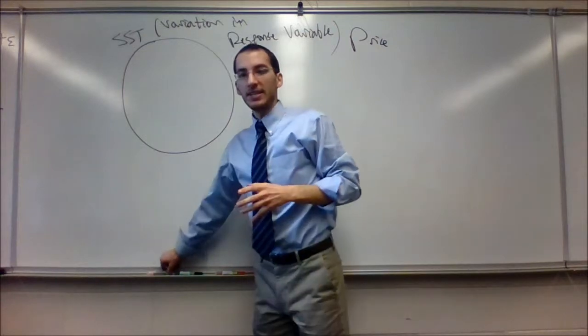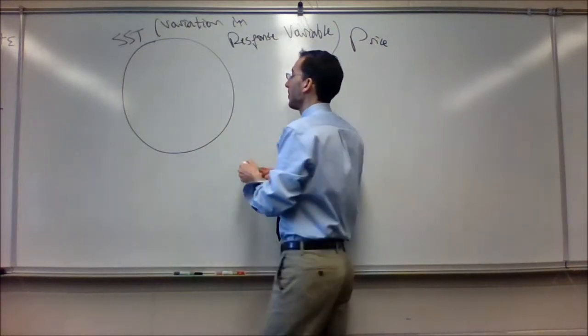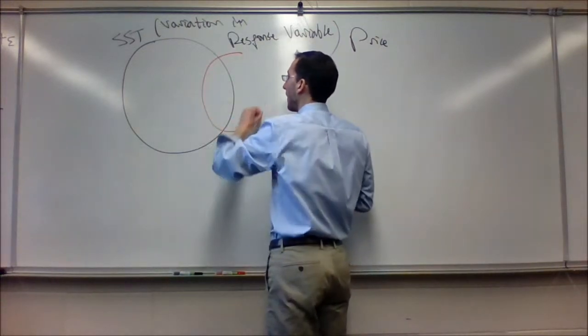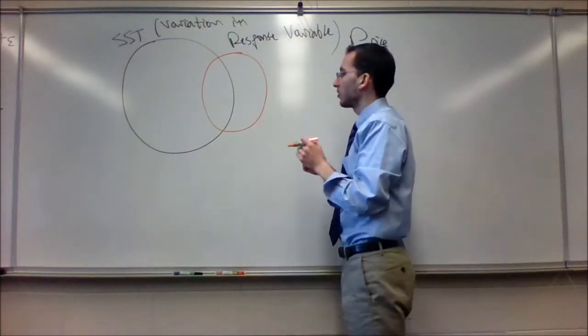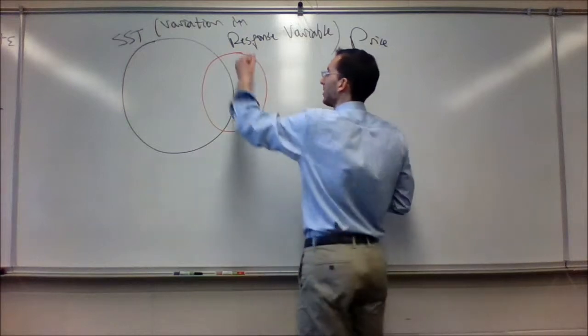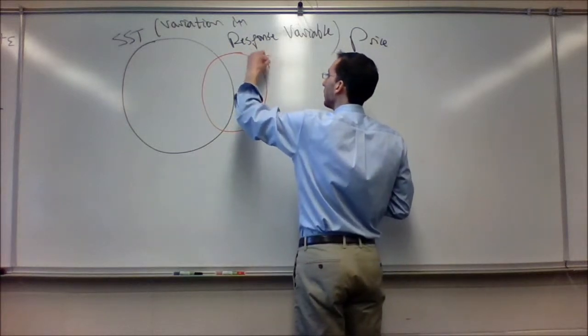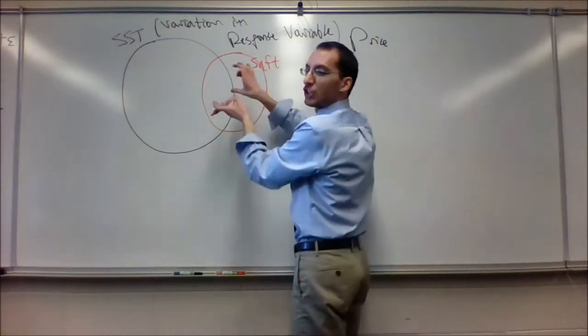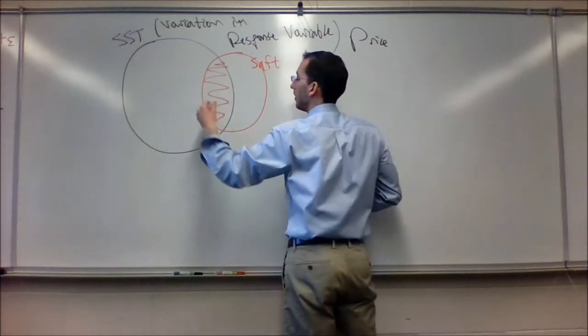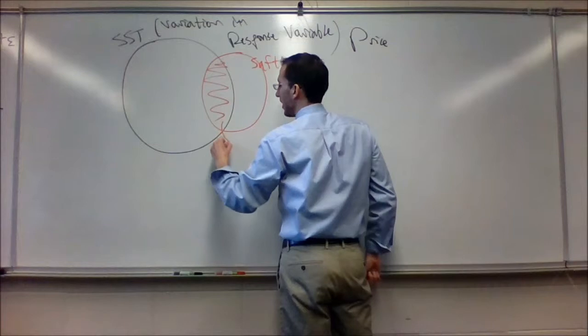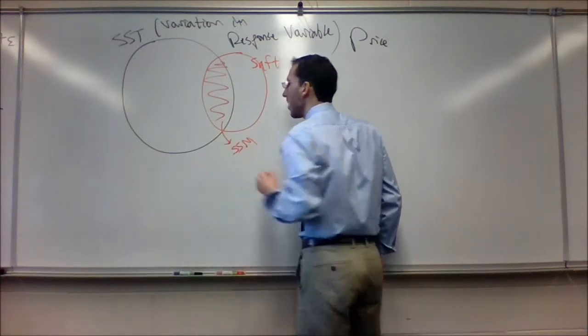you remember that I've diced this circle up by saying my model or my explanatory variable, in this case, let's call it square feet, was eating up a chunk of that variation. And that chunk of variation we're calling sums of squares model.